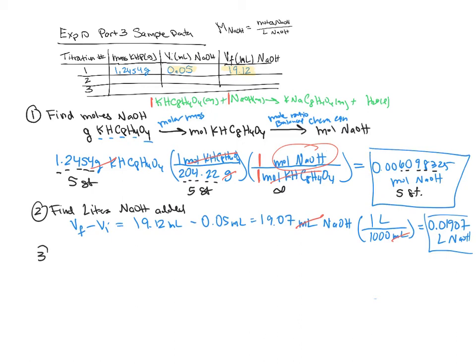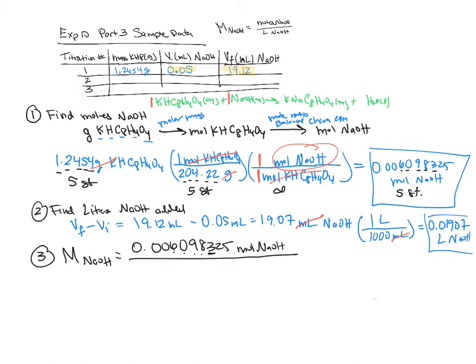So I've got the liters of NaOH, I've got the moles of NaOH. Step 3, we can solve for molarity of NaOH by dividing. 0.006098325 moles NaOH, 5 sig figs, divided by 0.01907 liters, which gives me 0.319786 molar NaOH.